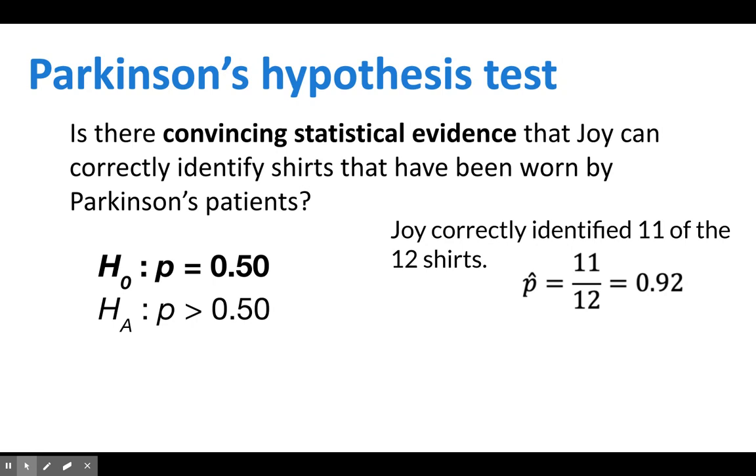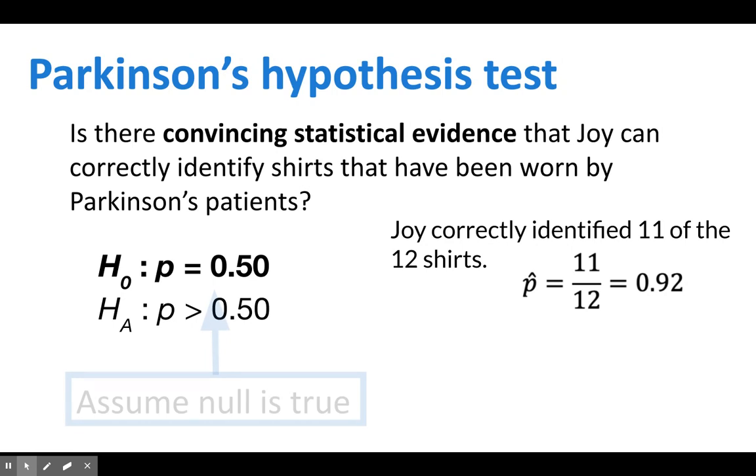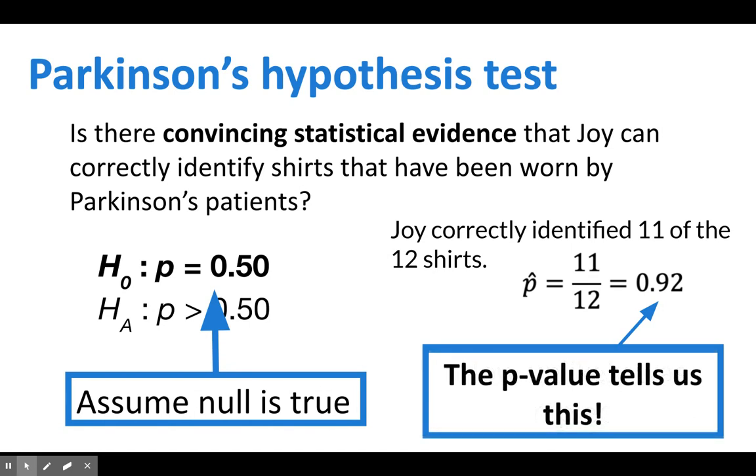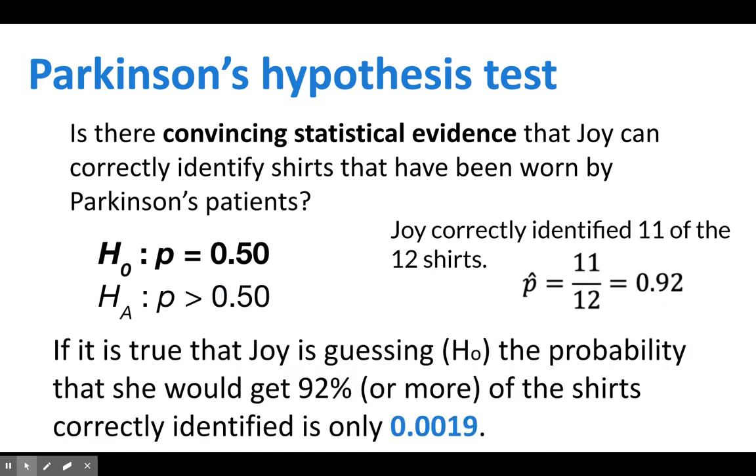So right now, I'm going to assume that the true value of p is 0.50. Then I'm going to ask myself, if p is really 0.5, how unlikely was it that she got a p-hat of 0.92? The p-value is going to tell us that.